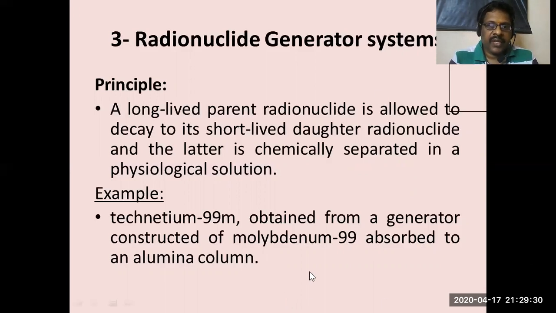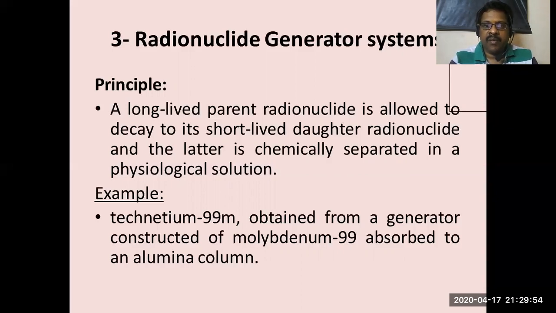For example, technetium-99 is produced by this method using a generator constructed of molybdenum-99 adsorbed on an alumina column, that is, aluminum hydroxide or aluminum silicate coated on a glass surface.